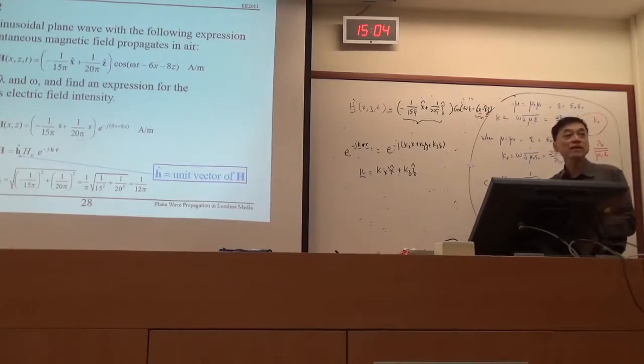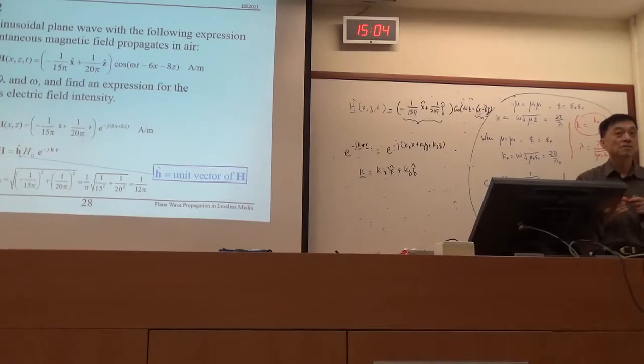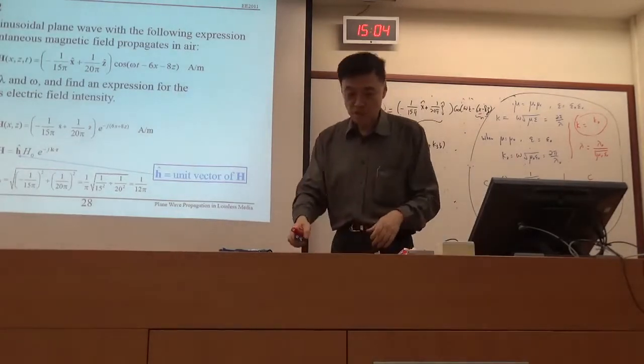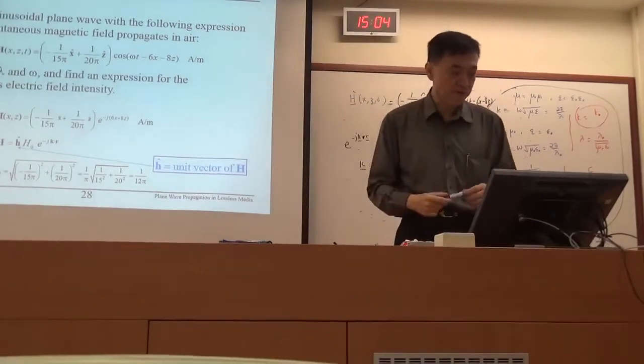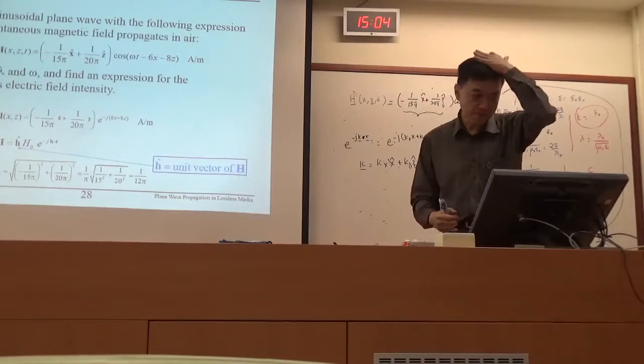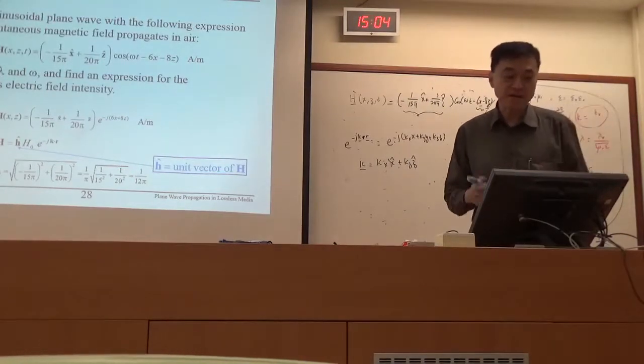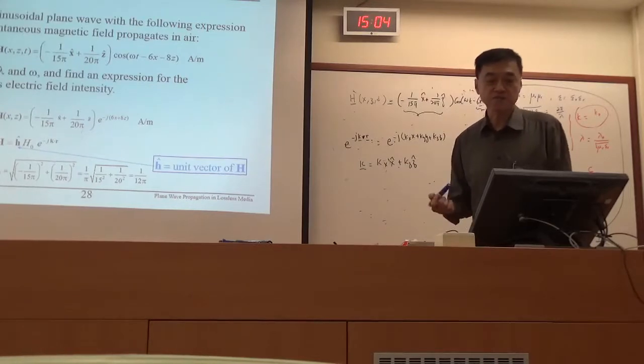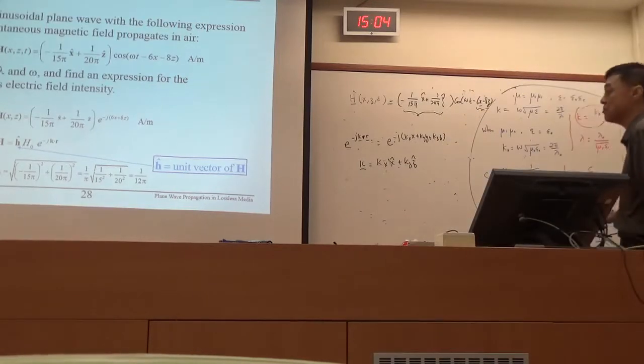So I do not have ky y. Now, to solve this problem, what is the problem that you want to solve? Calculate k, calculate lambda, calculate omega, and find an expression for the instantaneous electric field.